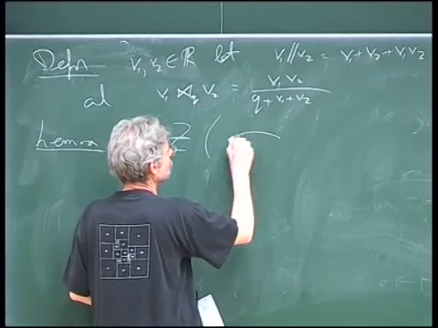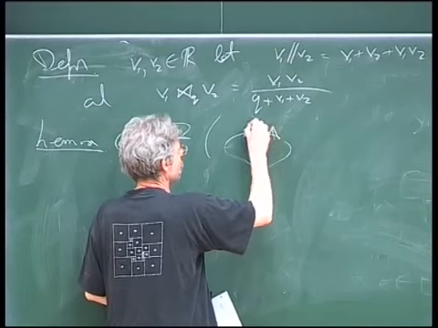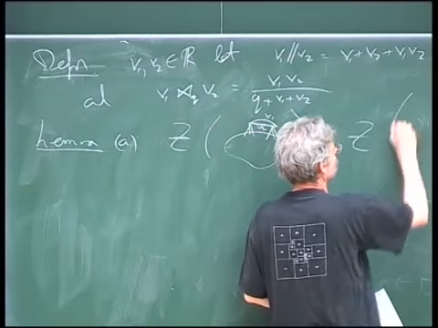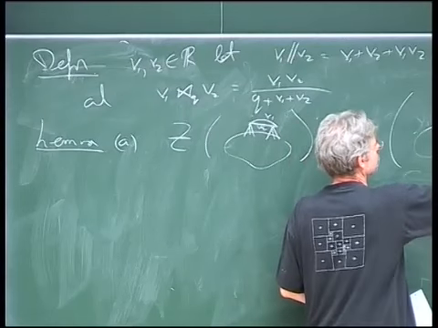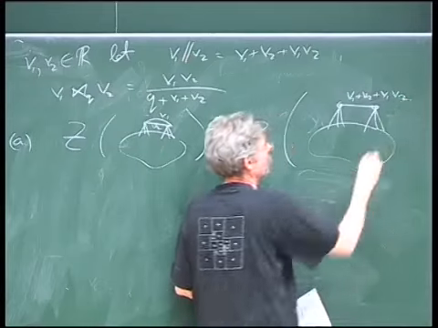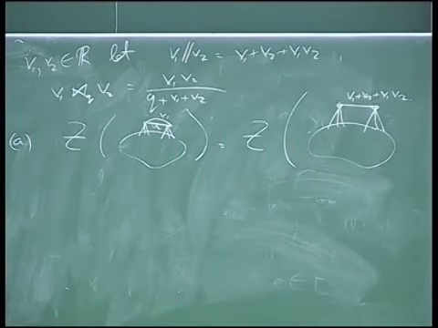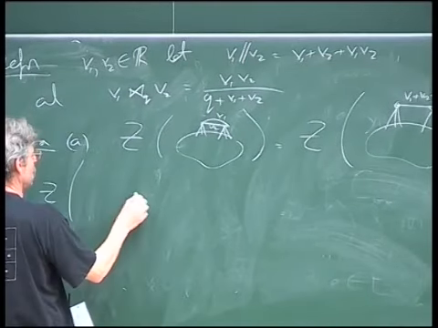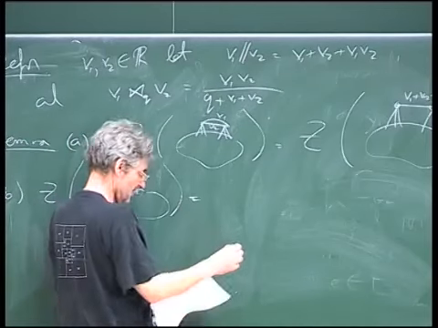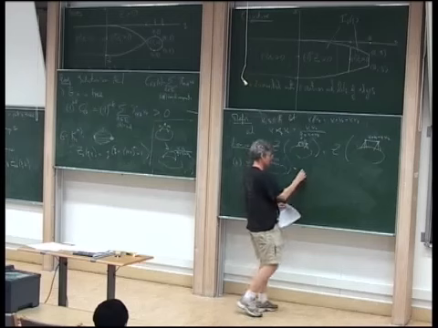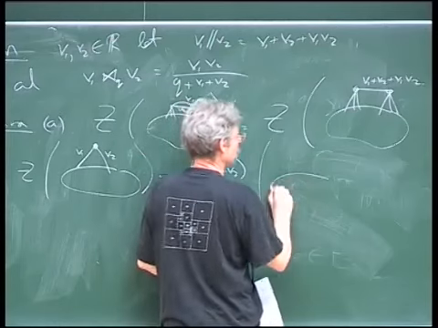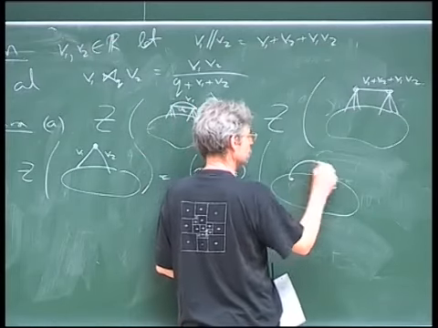Z of the graph with parallel edges is the same as Z of the reduced graph. And the series reduction lemma is Z of the graph with series edges, where now we get a prefactor of q plus v1 plus v2 times Z of the series reduction.